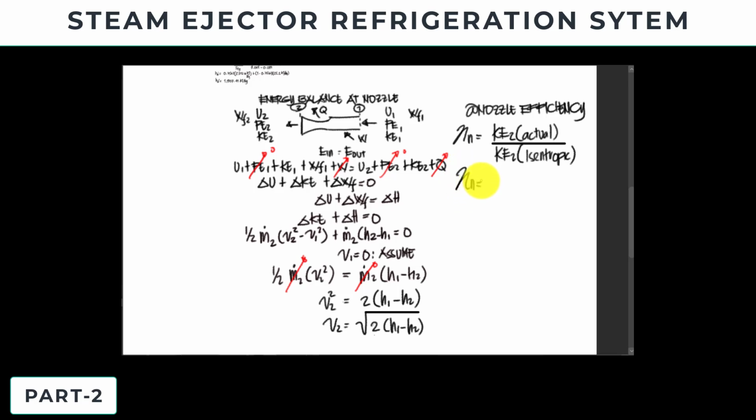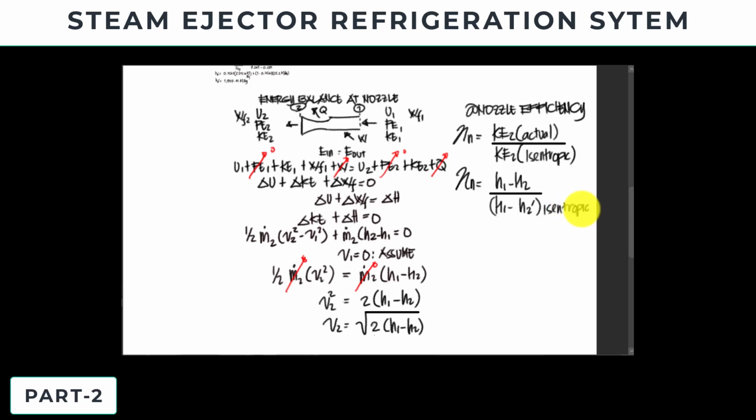Now the kinetic energy, we have enthalpy 1 minus my enthalpy 2. So this is equal to enthalpy 1 and enthalpy 2, and then we have enthalpy 1 minus my enthalpy 2 prime. Now this is for the isentropic one.